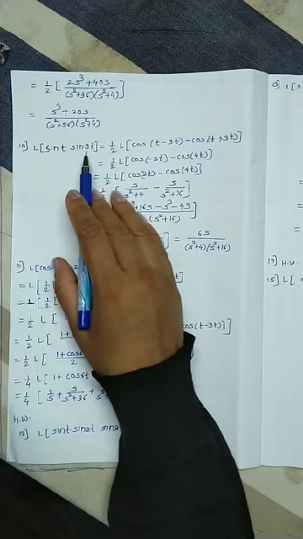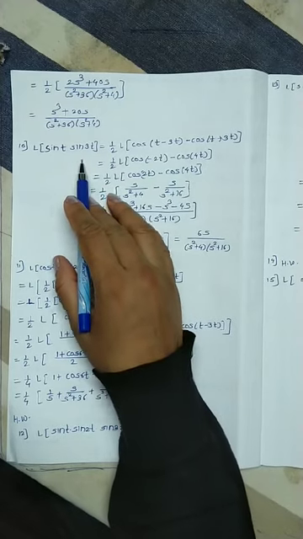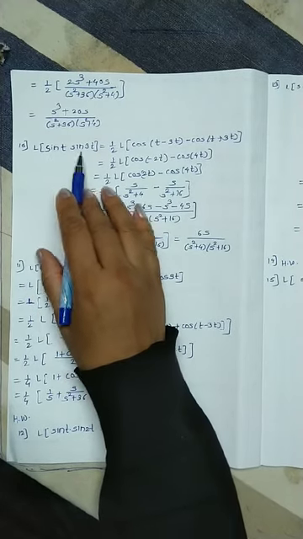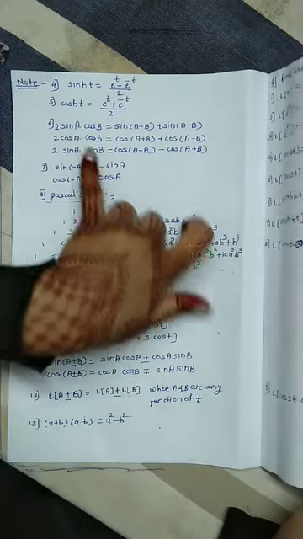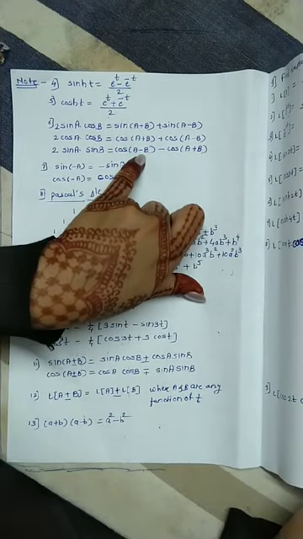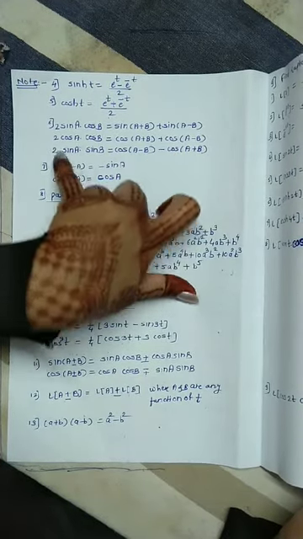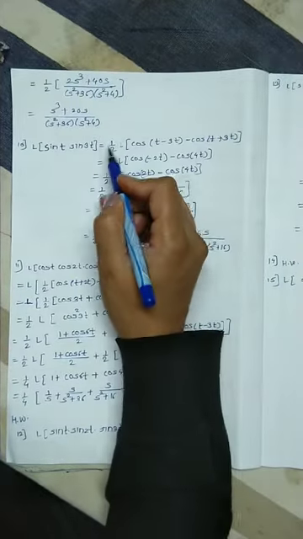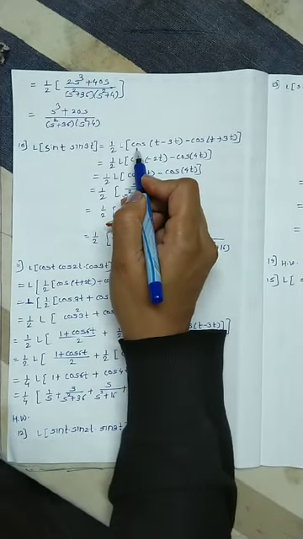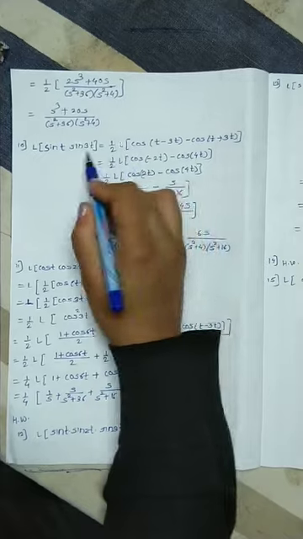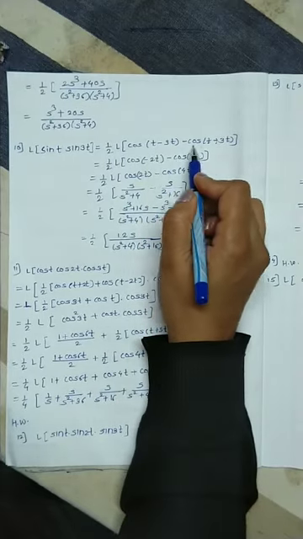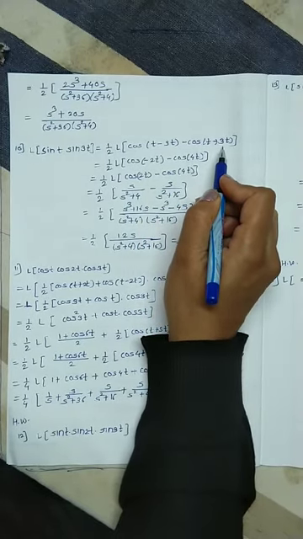Now the last one is sine sine, the third example. Again use the formula for sine a sine b: 2 sine a sine b is cos a minus b minus cos a plus b. Just take 2 on this side, we get half Laplace of cos of a minus b, t minus 3t, minus cos of t plus 3t.